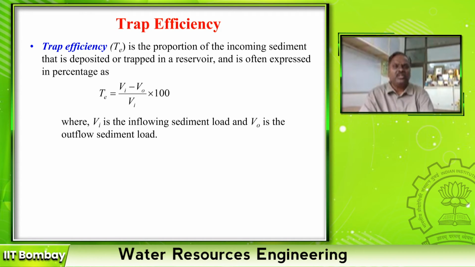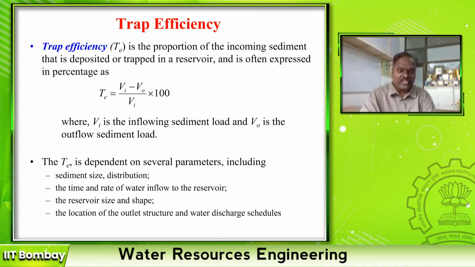How do they do this? We have to estimate what sediment is incoming and what sediment is outgoing through the canals. Sometimes it may not be possible to measure everything. Then we estimate this trap efficiency, and there are several methods available to estimate it, because trap efficiency depends on several parameters like sediment size and its distribution, like what you do in geotechnical engineering, soil size distribution using sieve analysis.